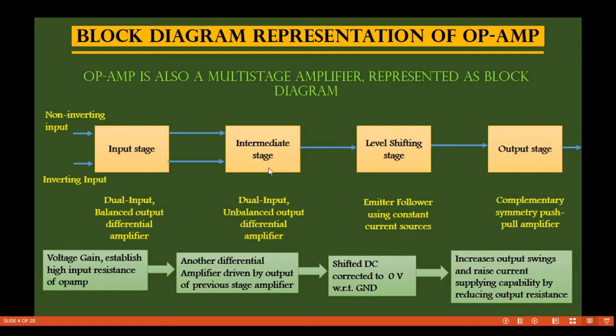So this DC level is corrected by a level shifting stage, which brings it to 0 volts with respect to the ground. Now the final stage increases the output swing and raises the current supplying capability by reducing the output resistance.